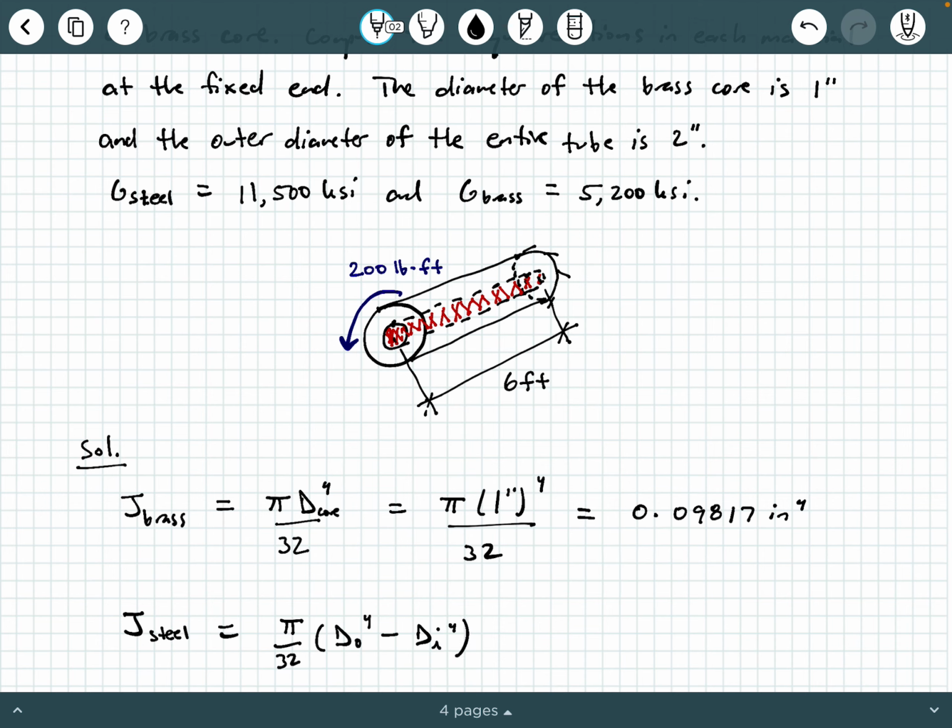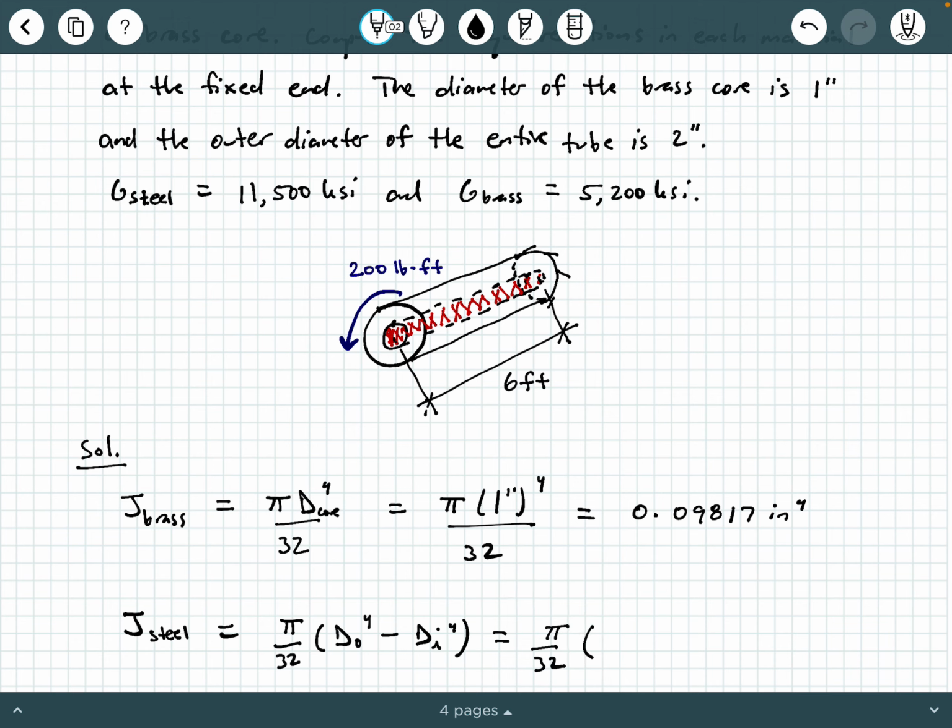Now, if you are a little rusty or you don't remember these formulas of polar moment of inertia off the top of your head, you want to look back at some reference material. You can find these formulas either in an FE reference handbook or in a mechanics of materials or even statics textbook. So we're going to say this equals pi over 32.